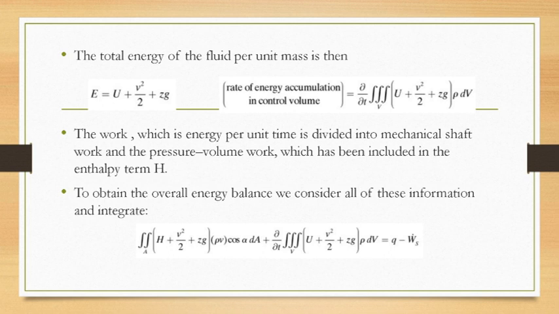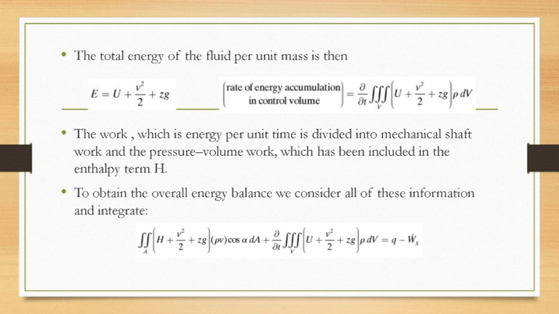The total energy of the fluid per unit mass is E equal to U plus v squared divided by 2 plus g z. We can convert this into a derived formula to obtain the rate of energy accumulation in the control volume.